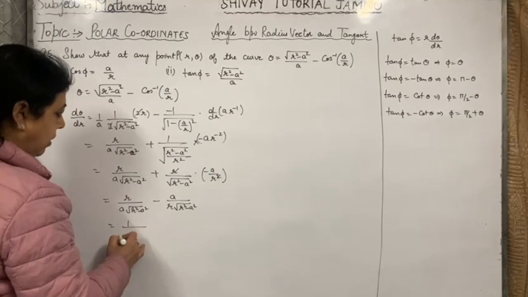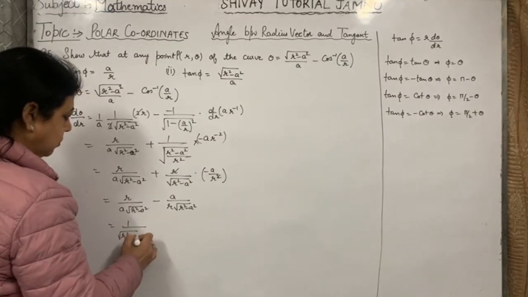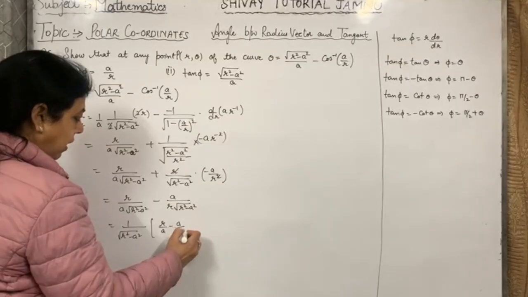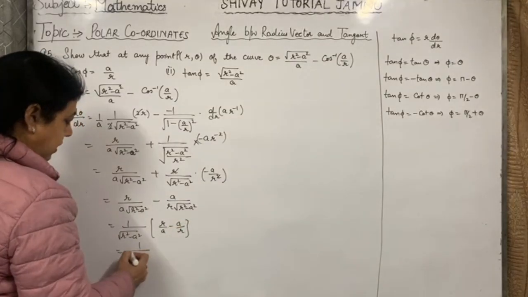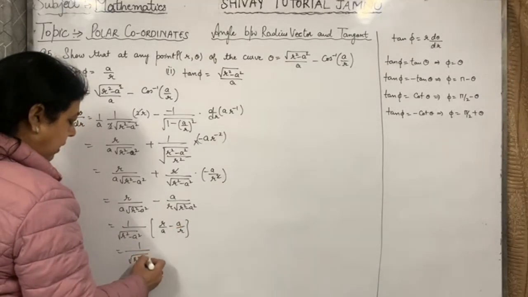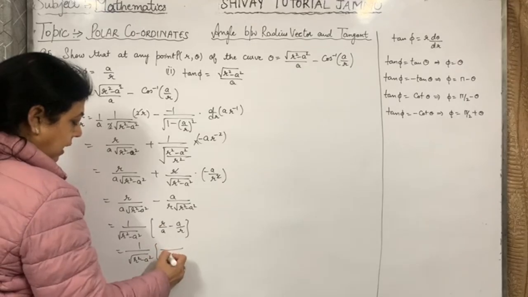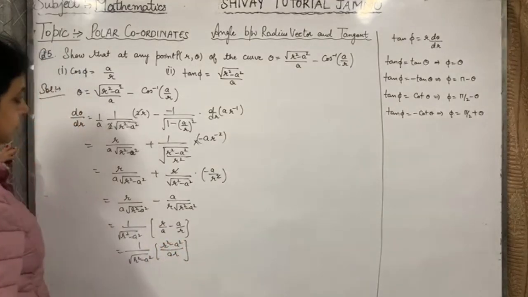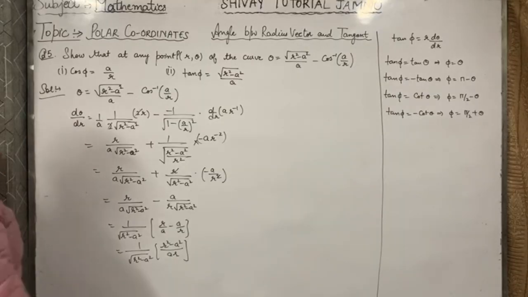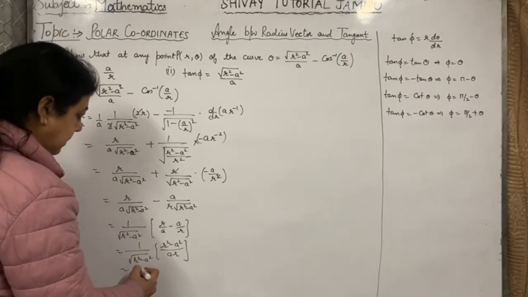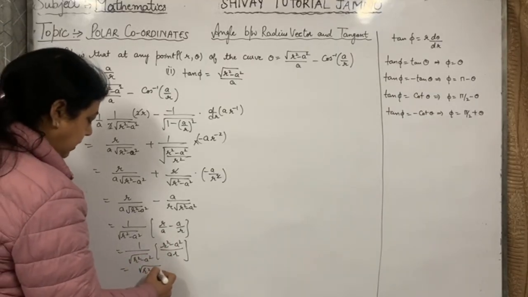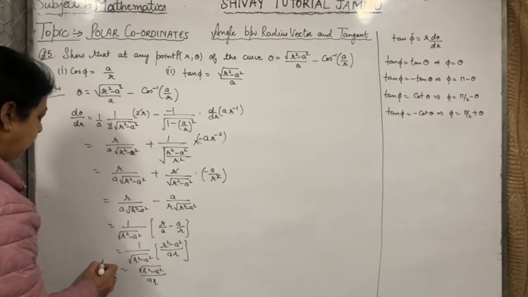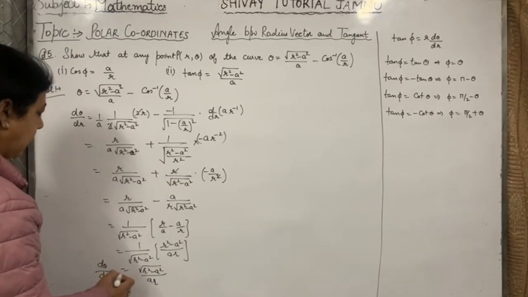We will take common root r square minus a square. We will get r upon a minus a upon r, and there is root r square minus a square. LCM of a r, it is r square minus a square. Clear? Okay. These two terms will be cancelled. It will be r square minus a square upon a r. This is the value of d theta upon dr.